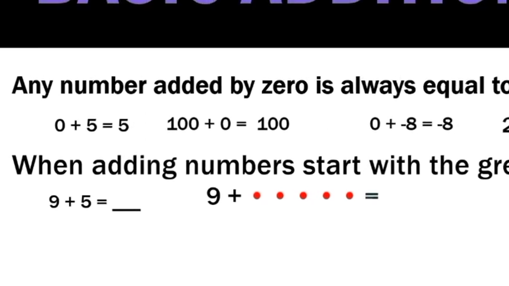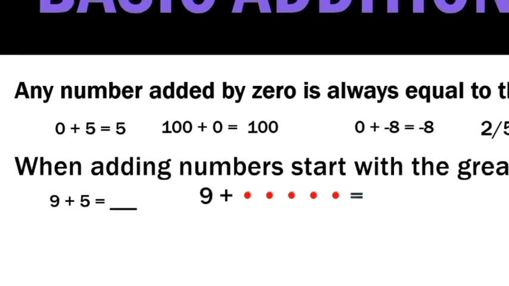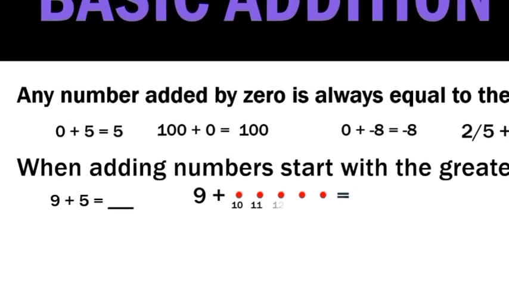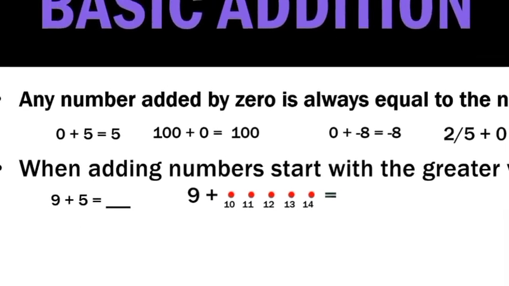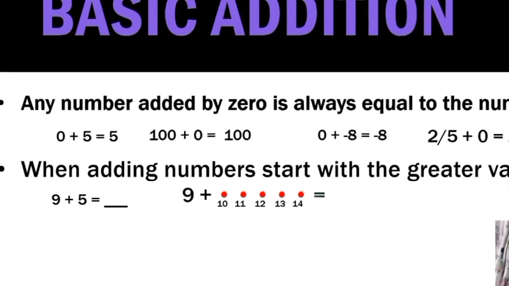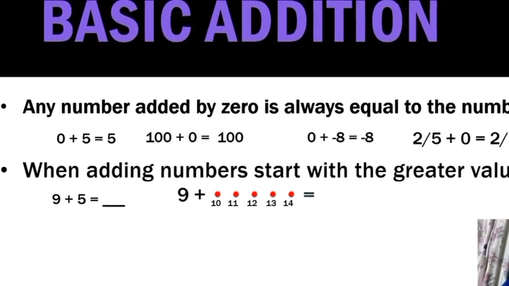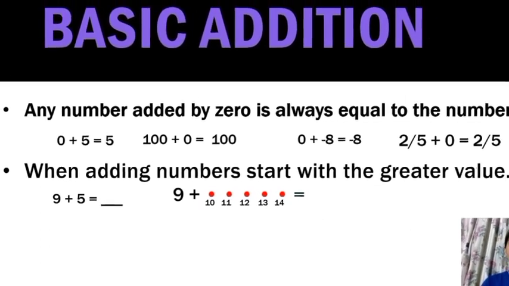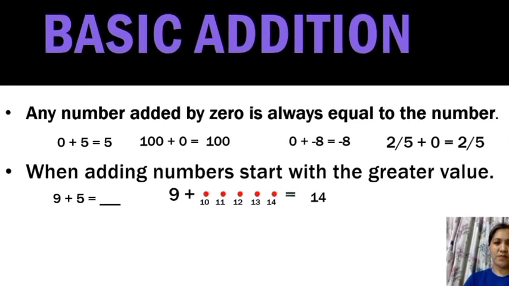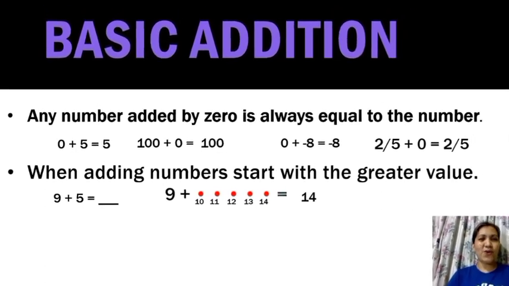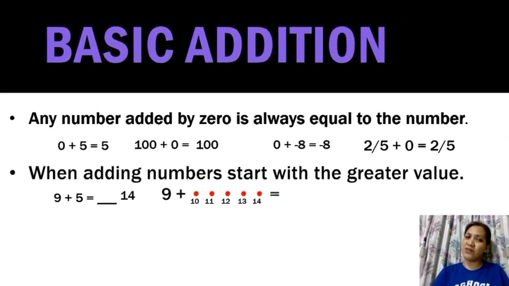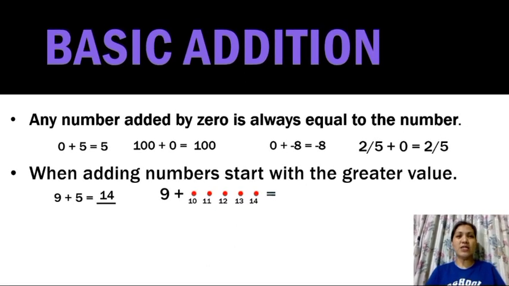So, start from 9, then proceed 10, 11, 12, 13, 14, hanggang saan natapos yung 5. Therefore, kung saan siya natapos, the sum is 14. So, 9 plus 5 is equal to 14. Ganun lang pwede natin turuan ang ating mga anak ng basic addition.